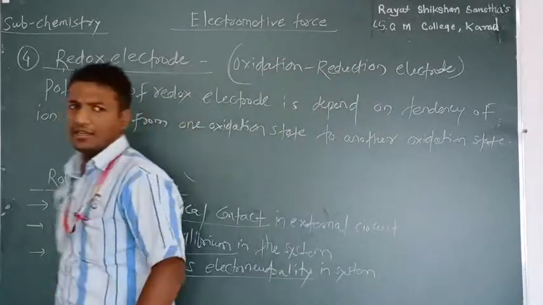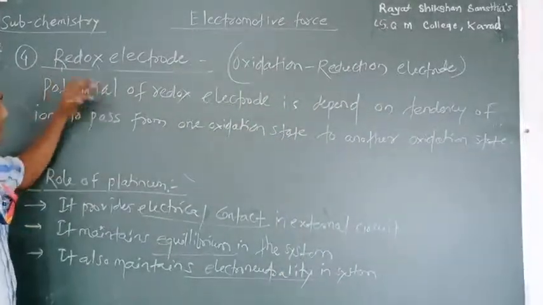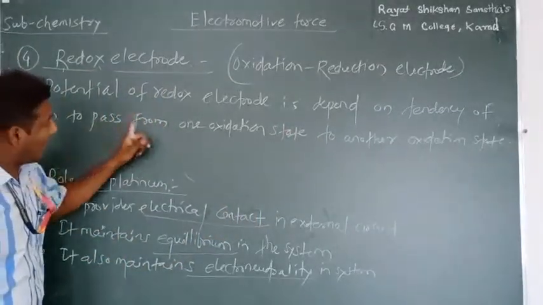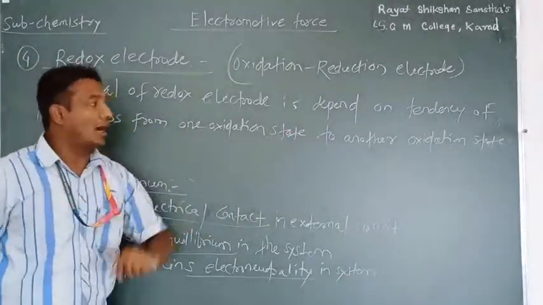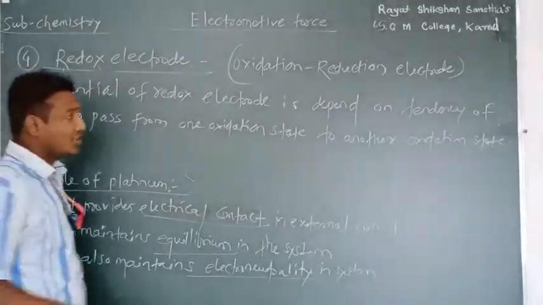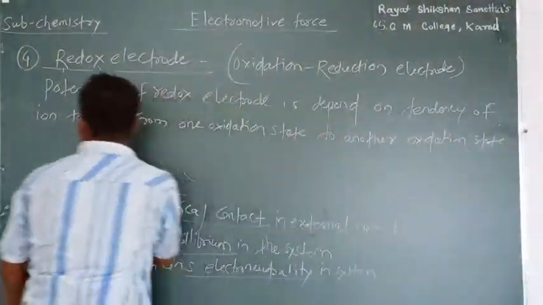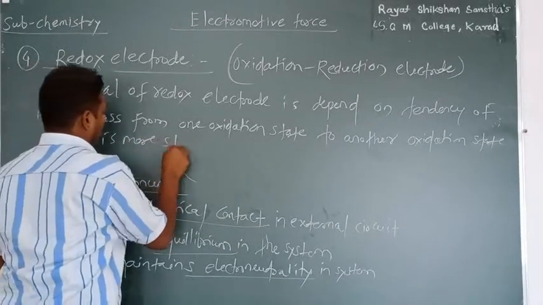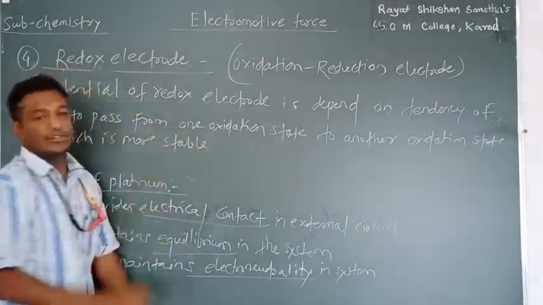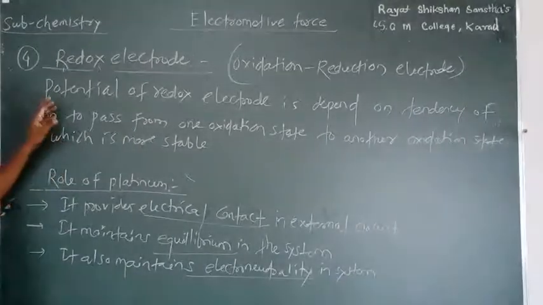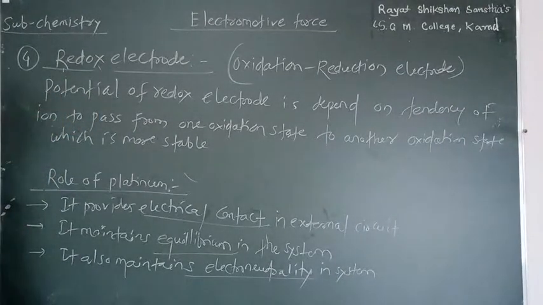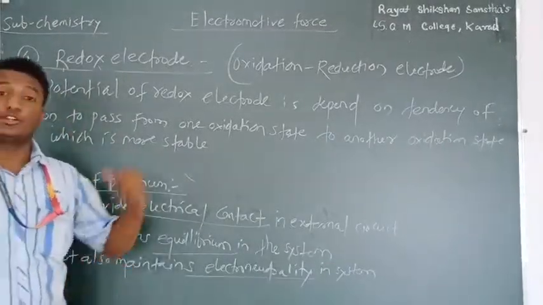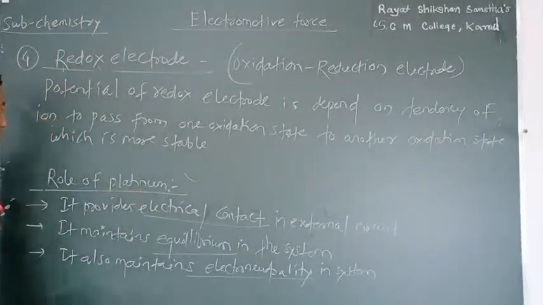Are you getting what I am saying? Very, very important: the potential of this type of electrode depends on the tendency of an ion to pass from one oxidation state to another oxidation state, which is more stable.